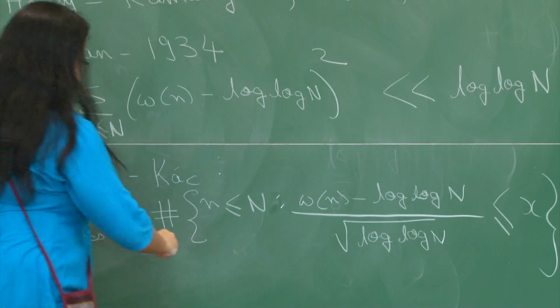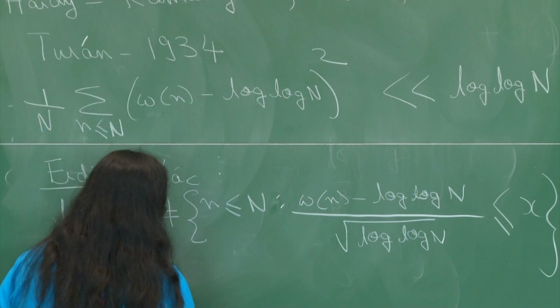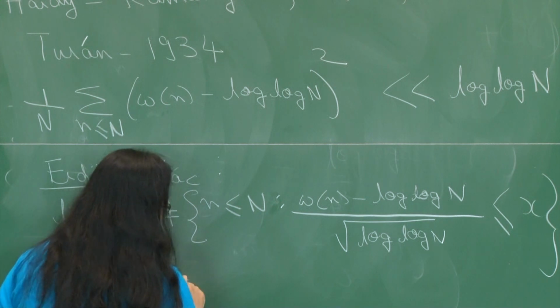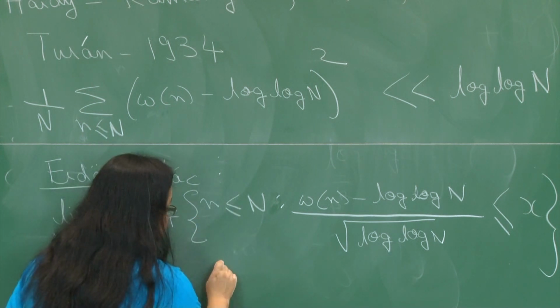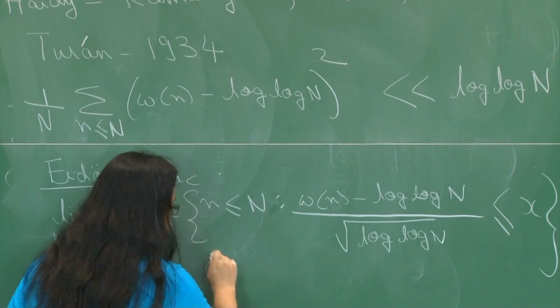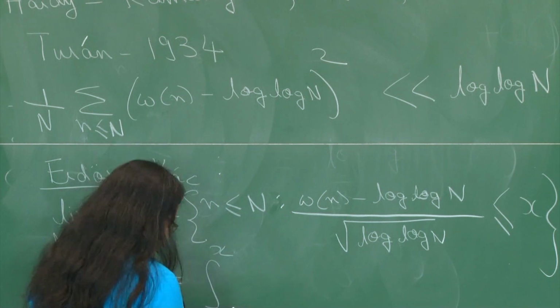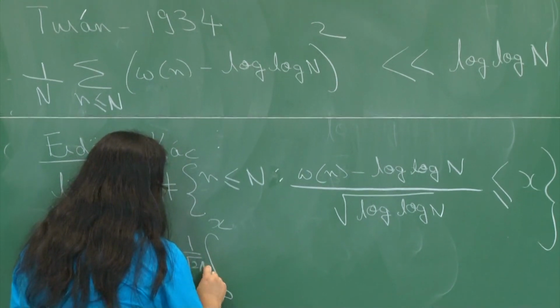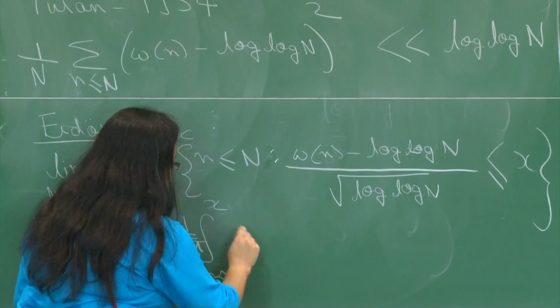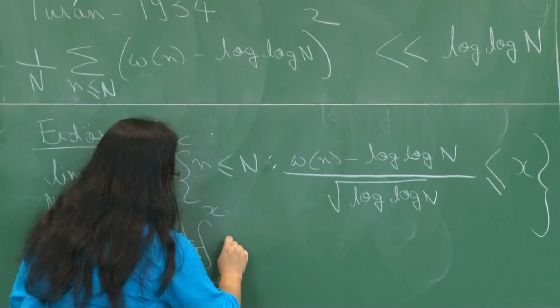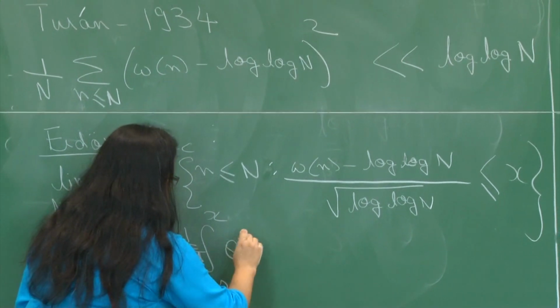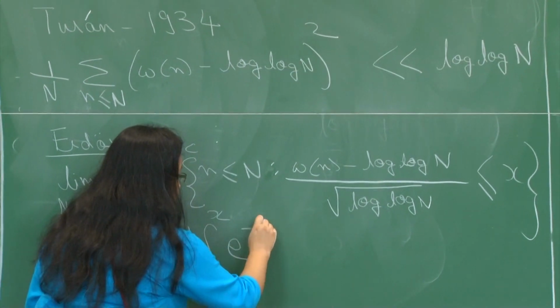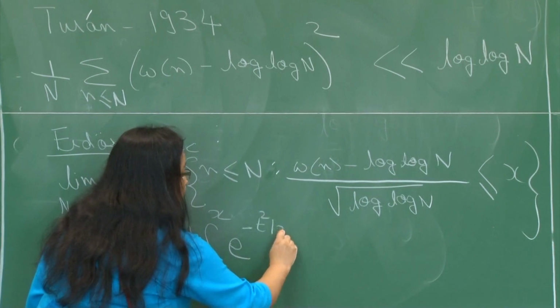This satisfies the Gaussian law. So, as limit N goes to infinity, this turns out to be equal to the integral from minus infinity to x corresponding to the Gaussian distribution. So, you have 1 over root 2 pi, e to the minus t squared by 2, dt.